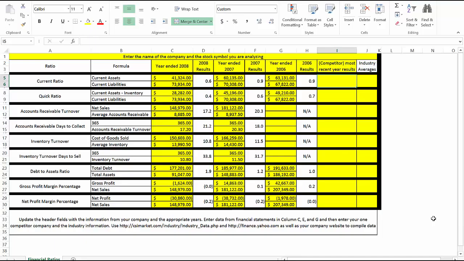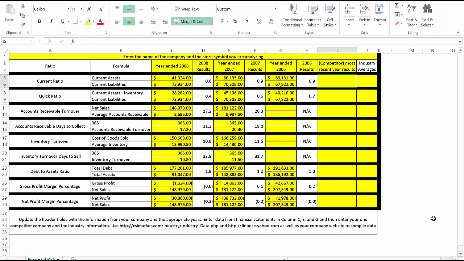And then right below it, the days to collect is related to this turnover. So basically, we're calculating how many times it's turning in the first calculation, but in the second one, we're looking at how many days it is turning. So we take 365 days a year and divide by that accounts receivable turnover that we calculated just above it.